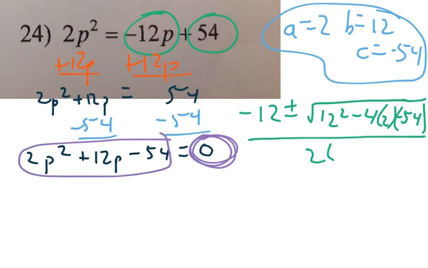All over 2 times A. Again, negative B plus or minus square root B squared minus 4AC all over 2A.